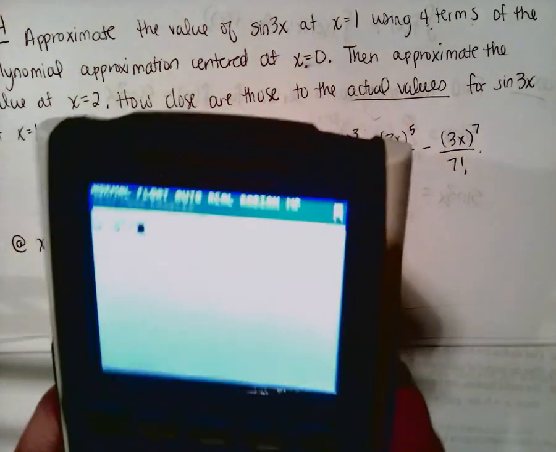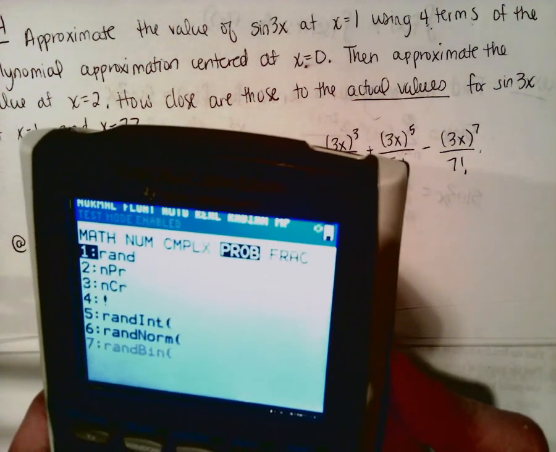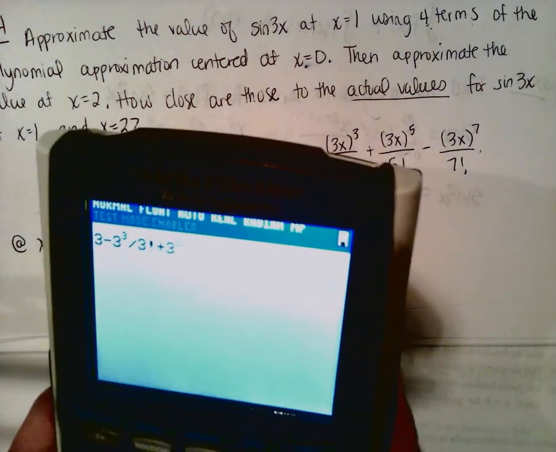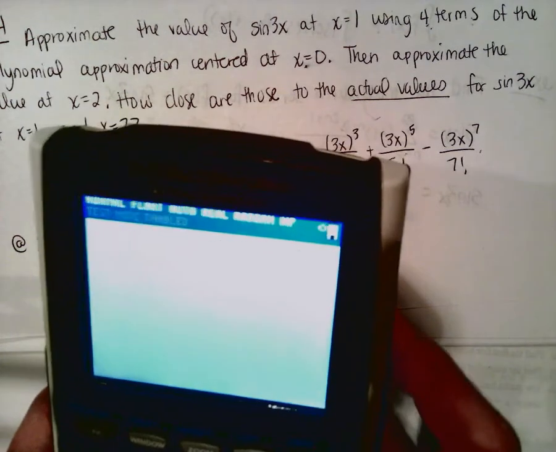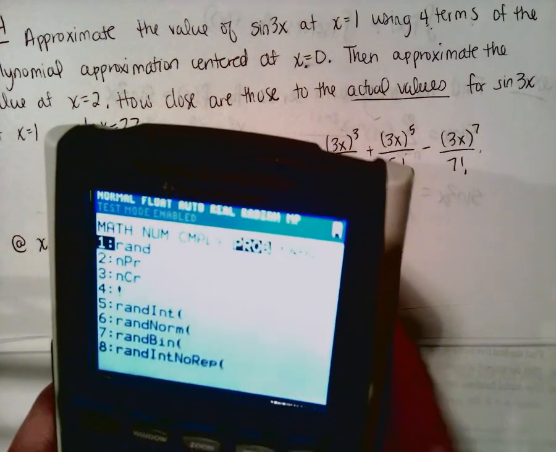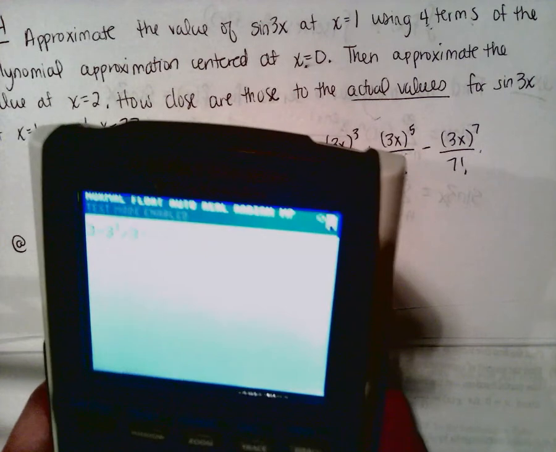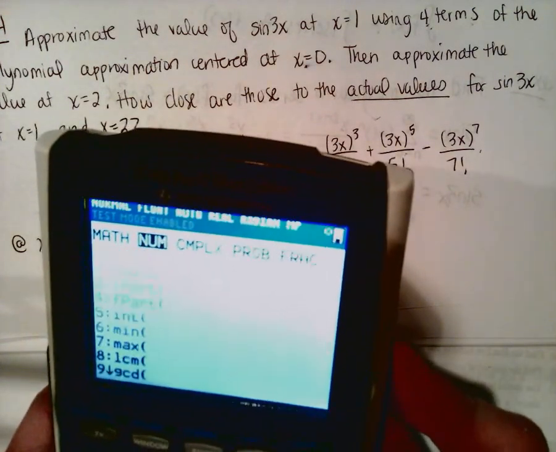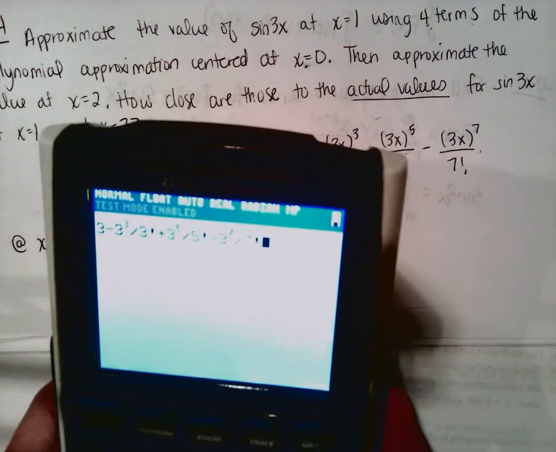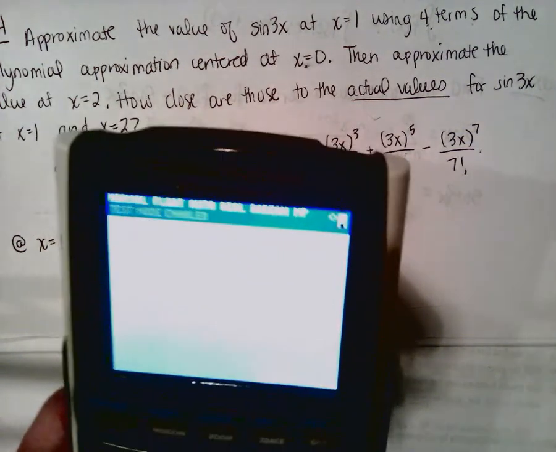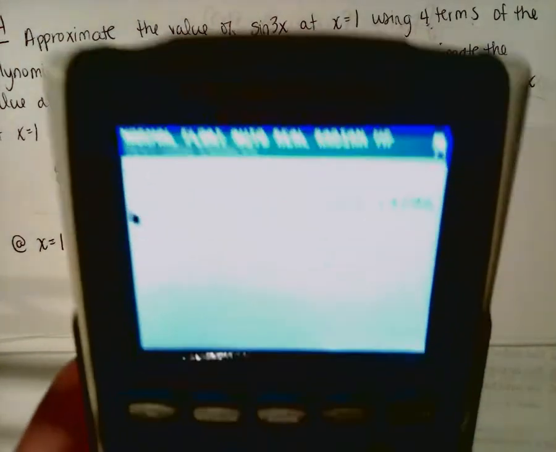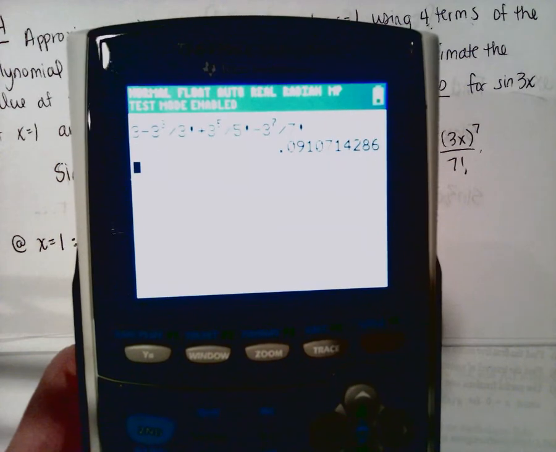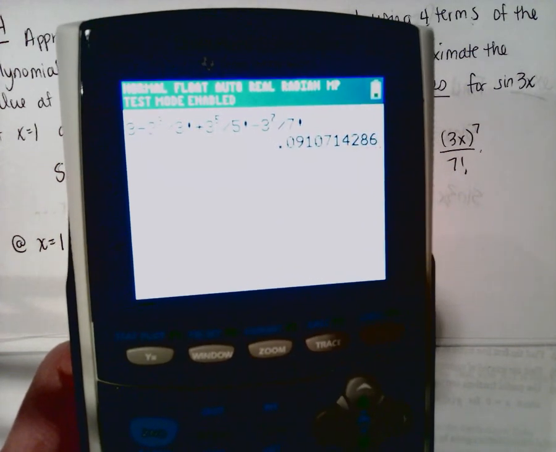So divided by 3 factorial plus 3 to the 5th over 5 factorial, and then minus 3 to the 7th over 7 factorial. Okay, so this is my approximation using my Maclaurin polynomial, which is centered at x equals 0. So I get 0.091.